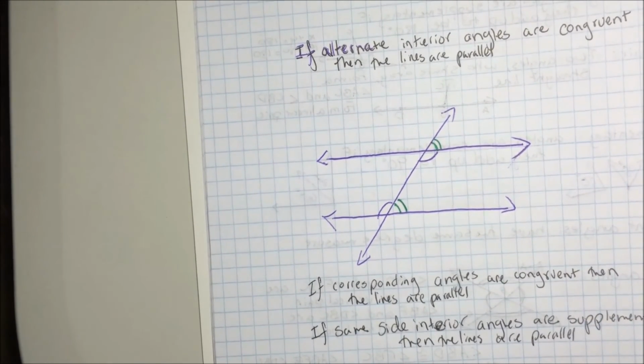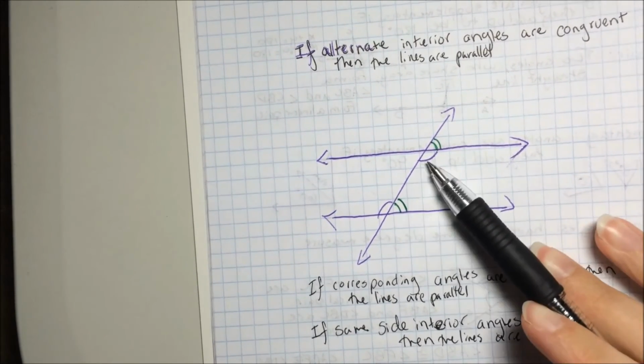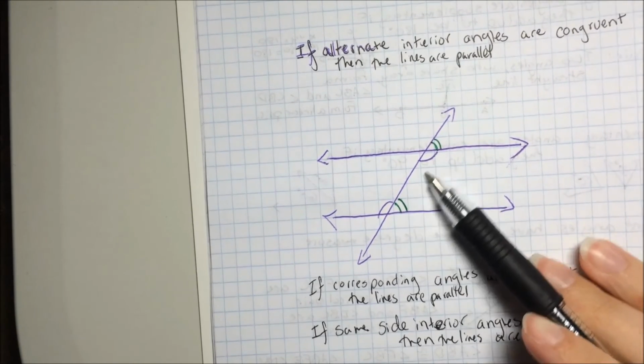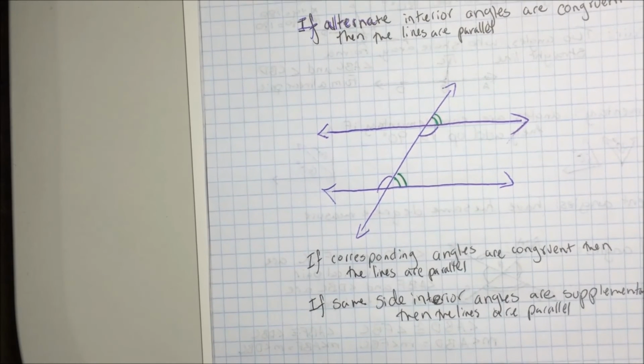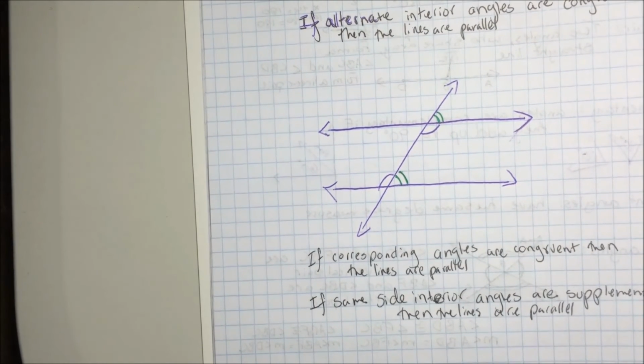Okay. So if these two angles right here add up to be 180, the lines are parallel. And that kind of goes back to Euclid's parallel postulate. And what is a postulate, I'm sure you're wondering, is just another way of saying theorem, but it's like a really, really, really important theorem, like super important. It's one of the 5 most important theorems that Euclid wrote. So it's one of the 5 most important things about geometry is the parallel postulate.